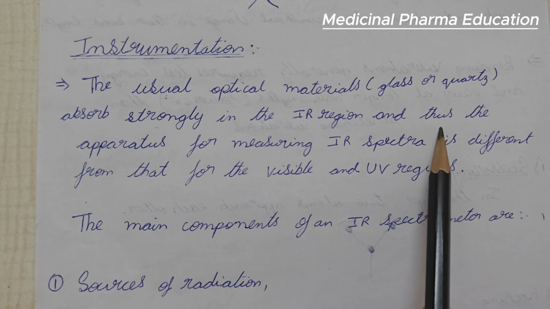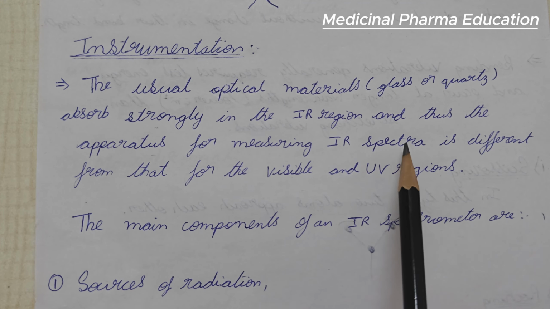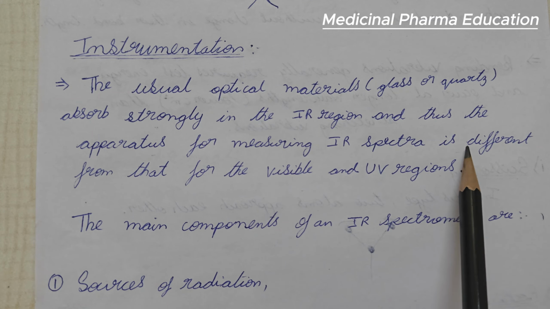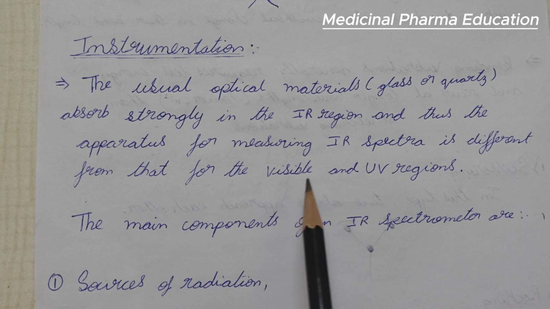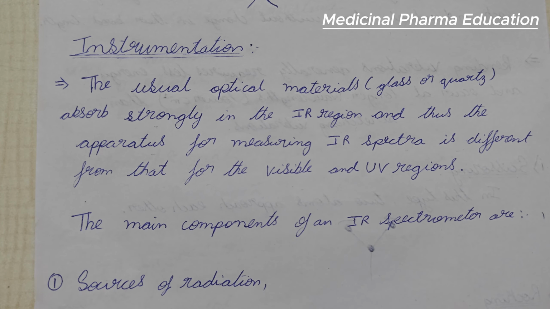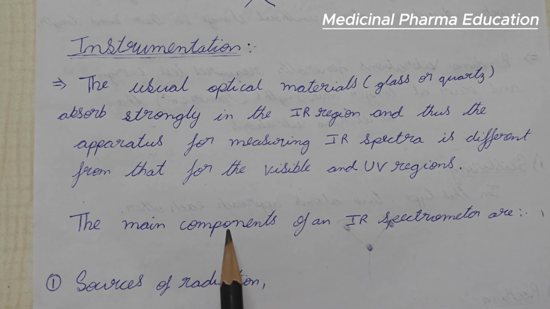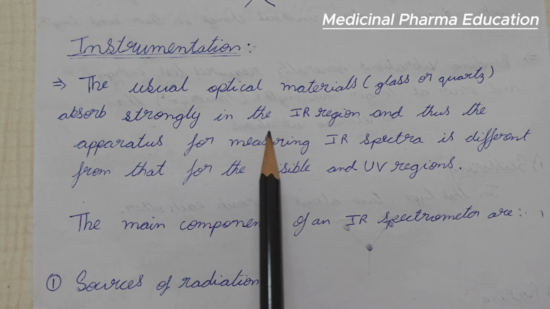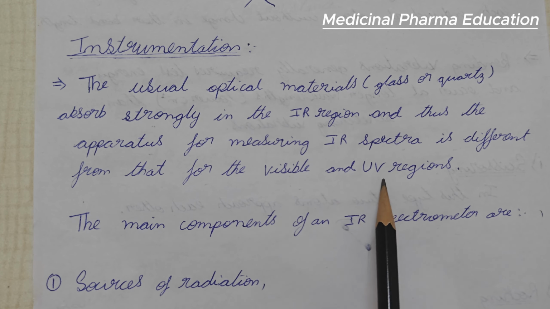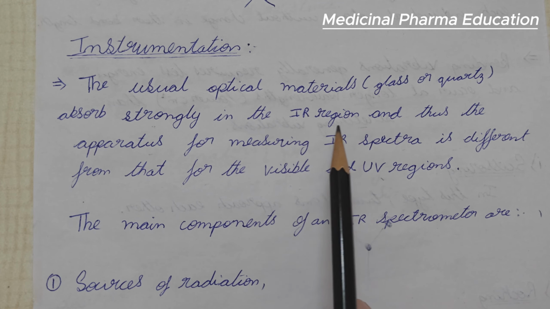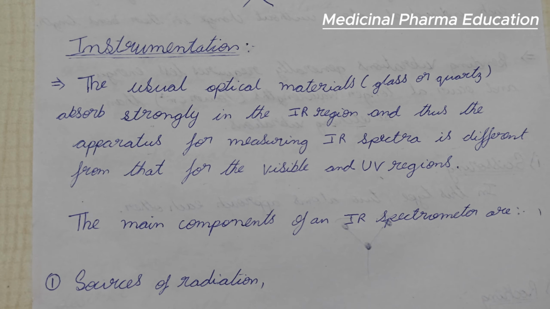Thus the apparatus for measuring IR spectra is different from that of the visible and UV regions. The UV and visible materials are not used in IR regions because they absorb the light strongly. That's the point.